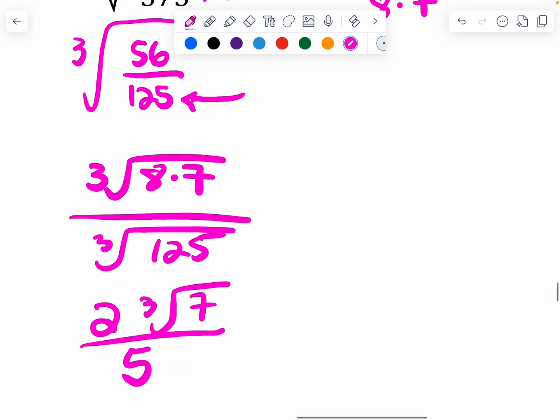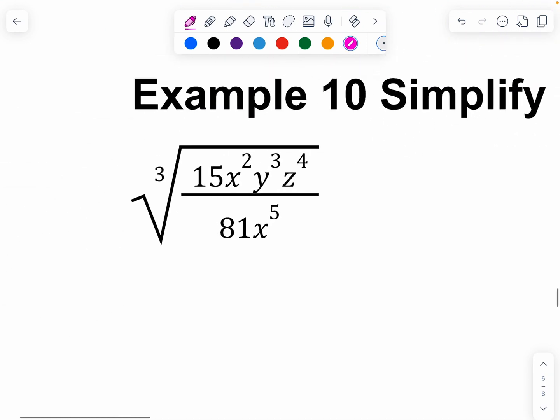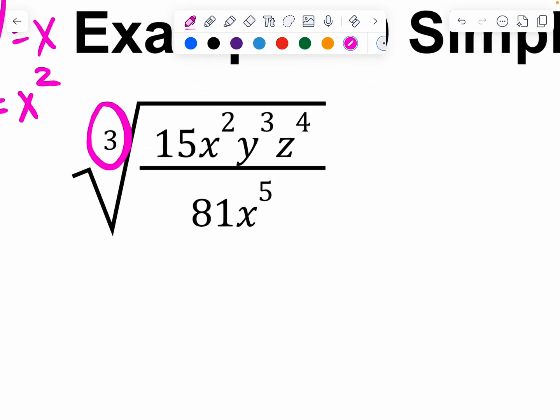This next part, forget it. Okay, so remember x to the third raised to the 1/3. That's going to get me x. If it's x to the 6th raised to the 1/3, that's going to get me x squared. So we need the x's to be divisible by 3.